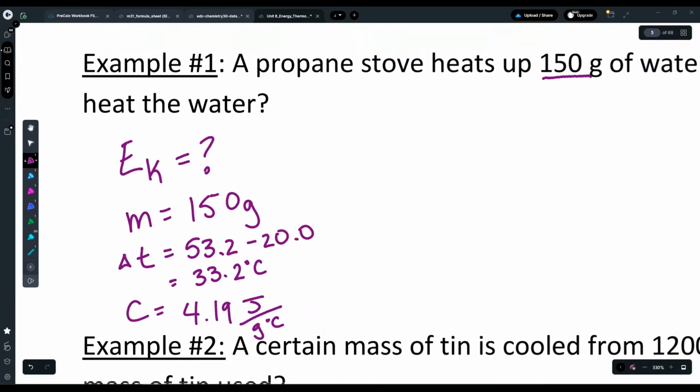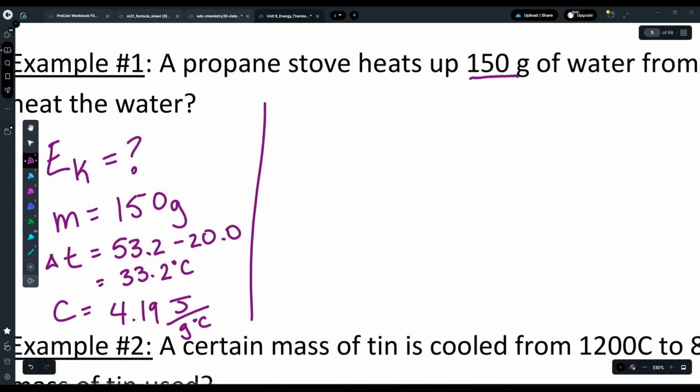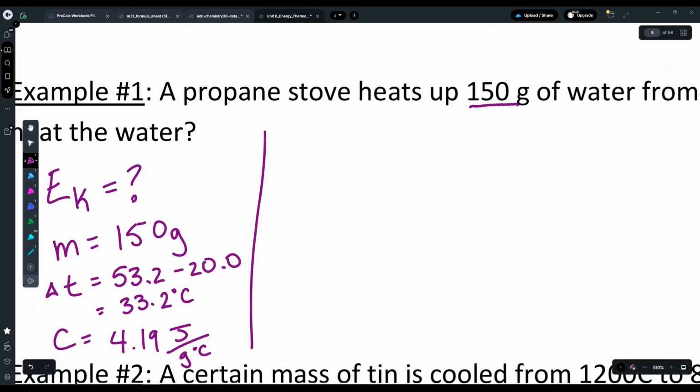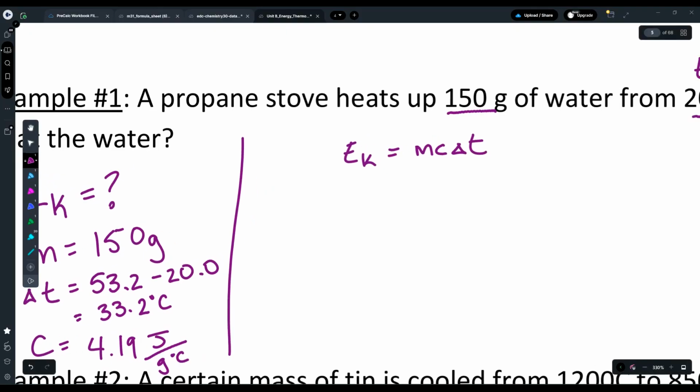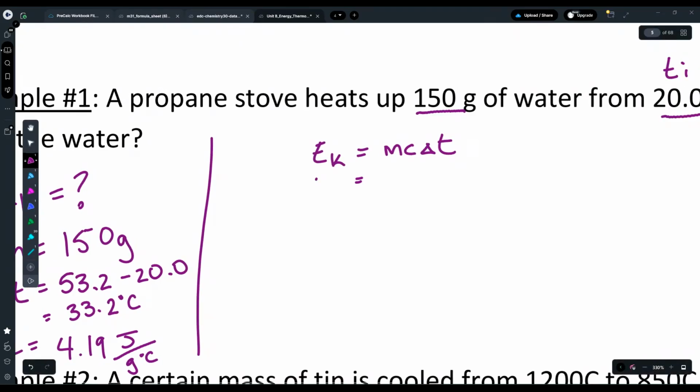So let's write that out. Whenever I'm doing calculations, I like to write out a list of givens just to organize my information. And then the first step of actually calculating, I write out my formula. So EK is equal to mc delta T. EK we don't know.